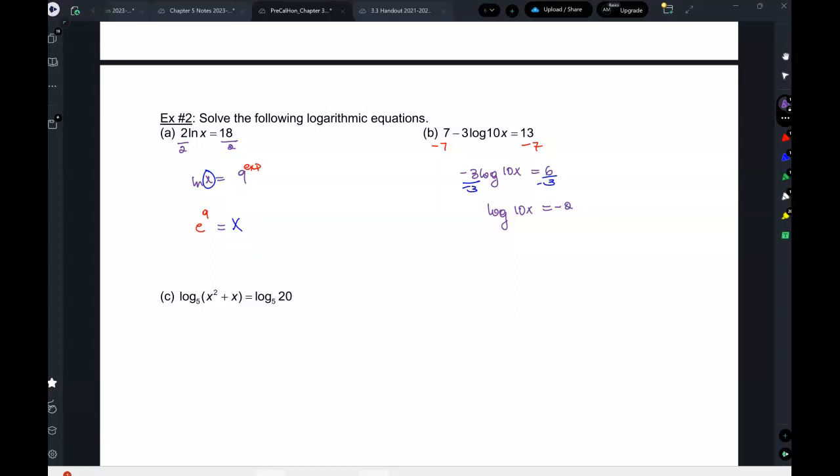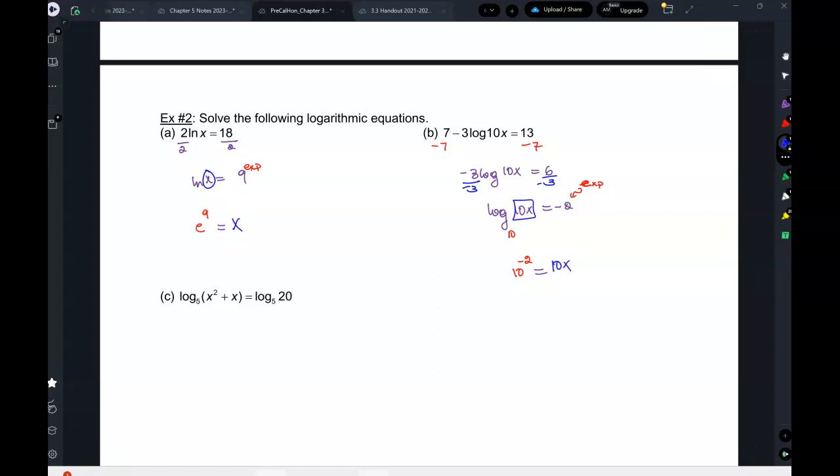Now again, here I have a logarithm. What is the exponent in this problem? The negative 2. Okay, every exponent needs a base. What's the base here? 10, but it's this 10 here. So this 10 to the negative 2 is equal to what?